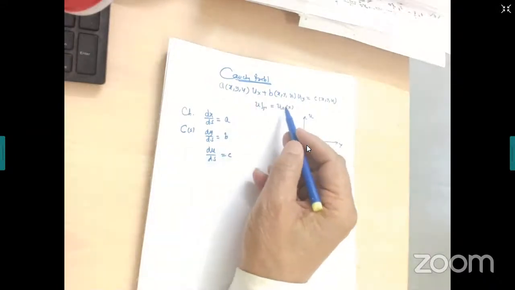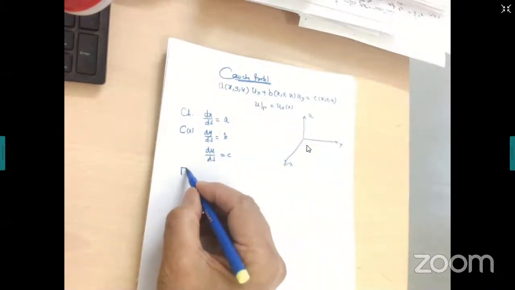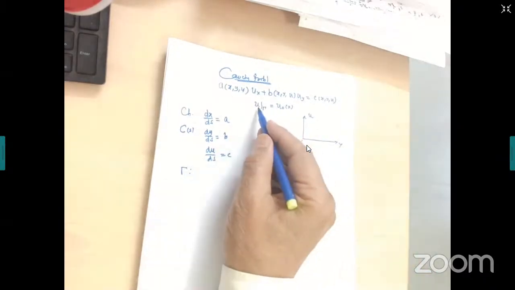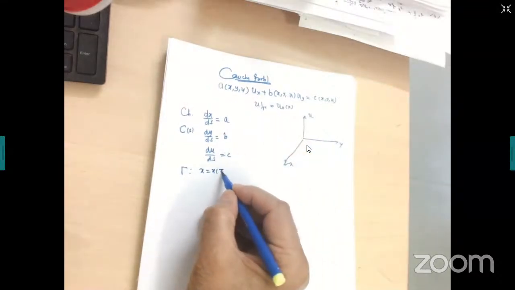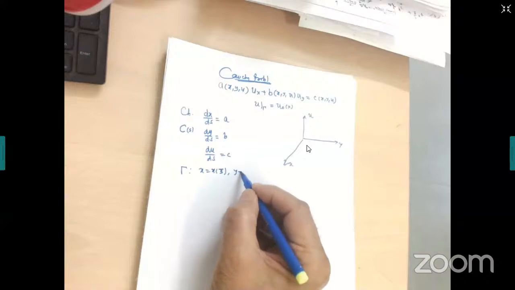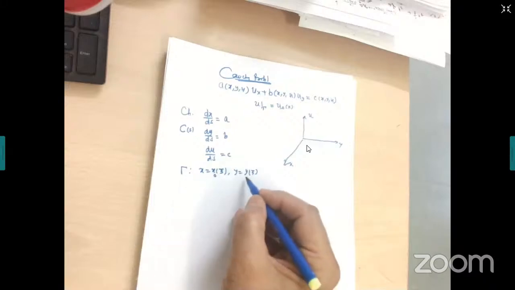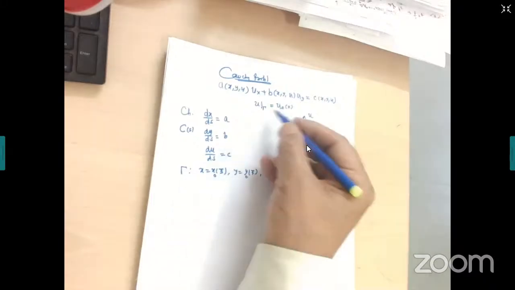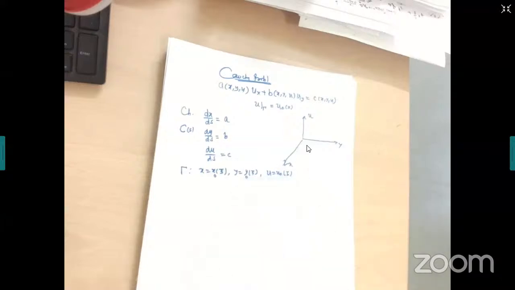This gamma can also be parameterized, because u is a function of x and y, so x as a function of xi, y as a function of xi, that is x naught, y naught, and u is equal to u naught of xi. This is parameterized.